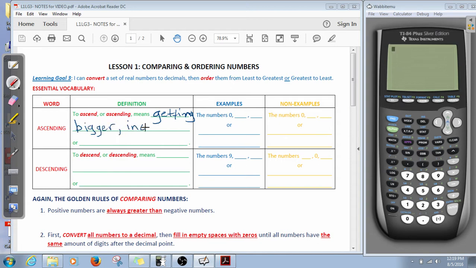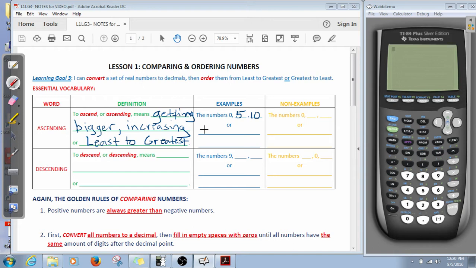Increasing. Or what we would say least to greatest. We're going to start with the smallest number and then just get bigger and bigger and bigger. So the numbers 0, 5, 10, they're getting bigger, starting with the least to greatest, 10.